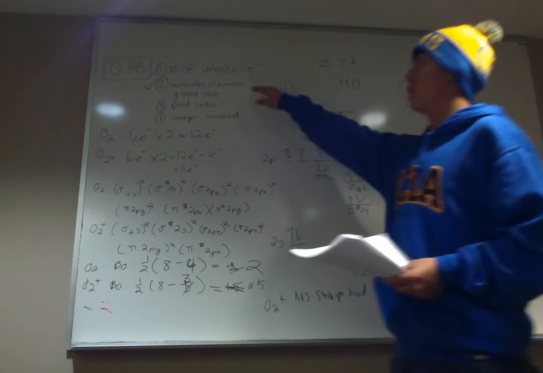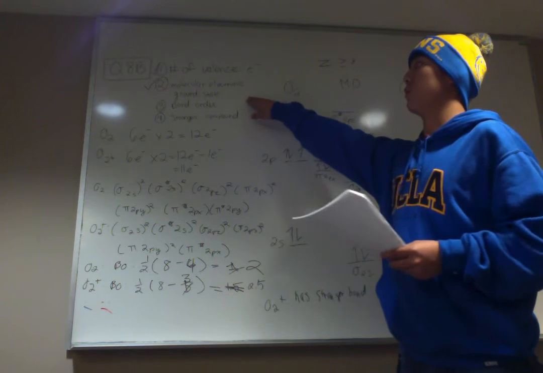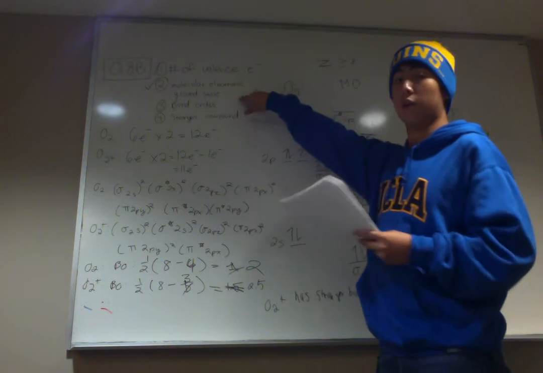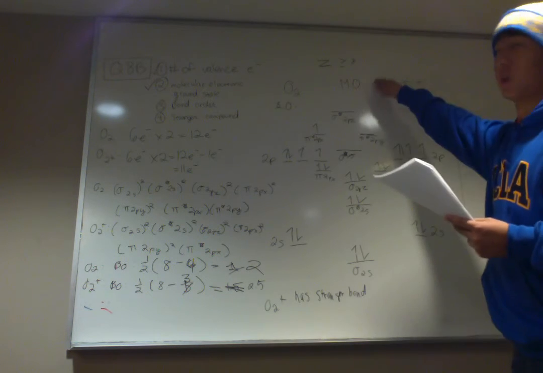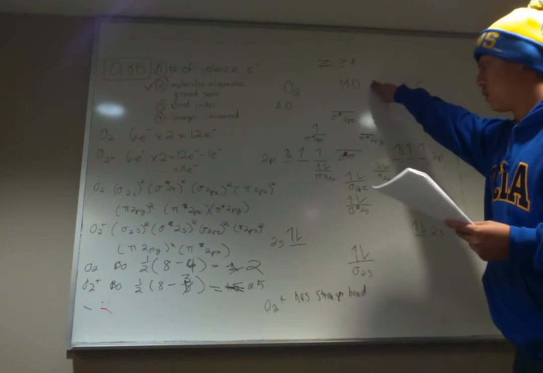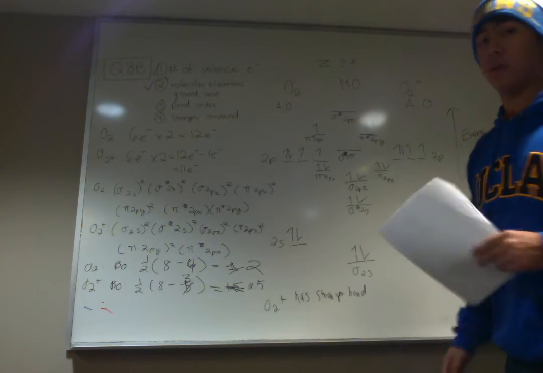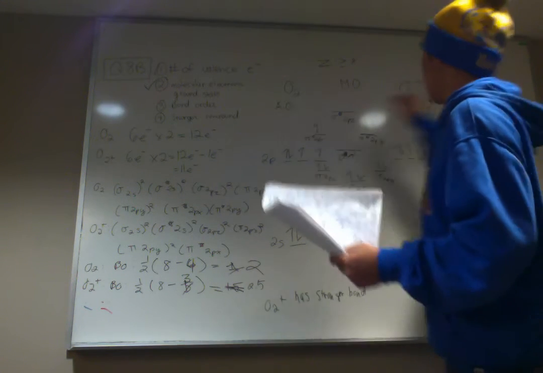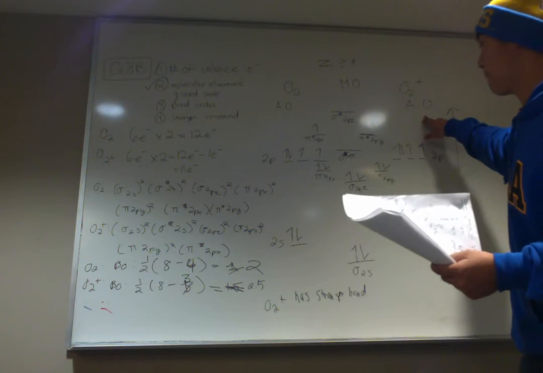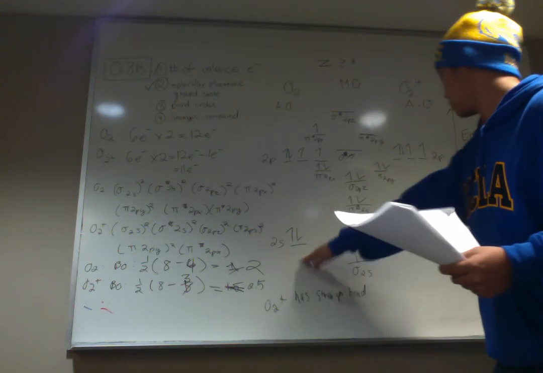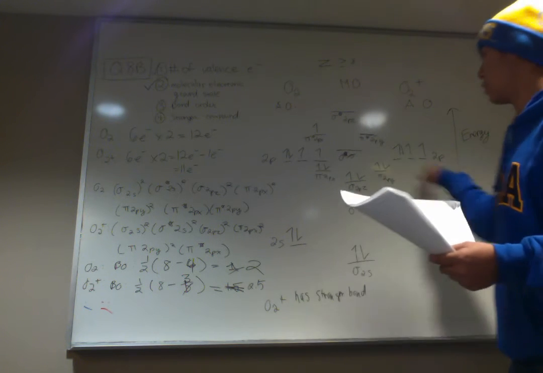So for step 2, when they're asking for the molecular electronic ground state, we're going to have to use molecular orbital theory. To fill things out, we start off with atomic orbitals for O2 and O2 plus. We set it up with a 2s and 2p.